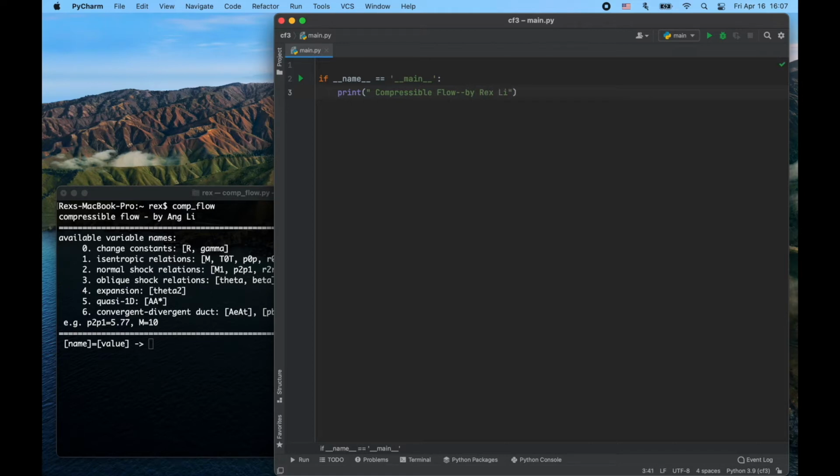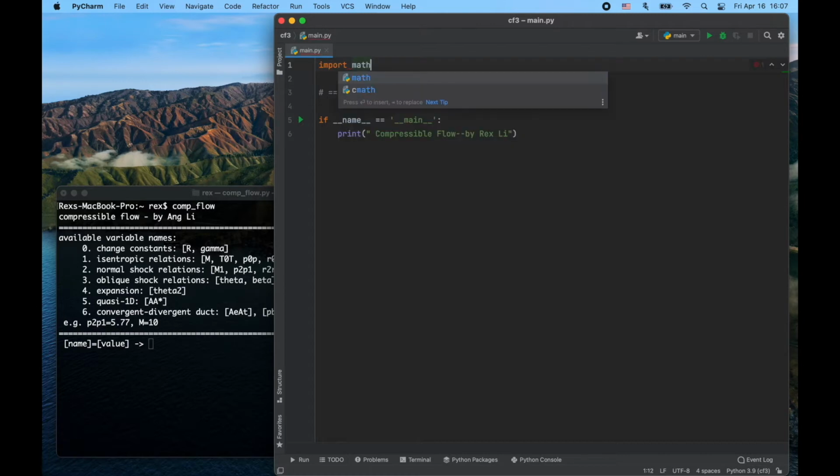And then the first step is to build the isentropic relations. Before that, I would like to import the package math because we are going to use sine, cosine, and log.